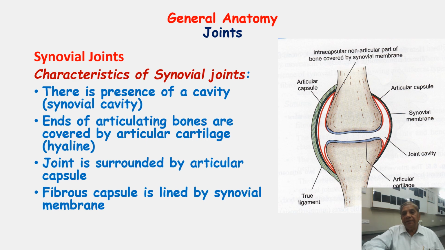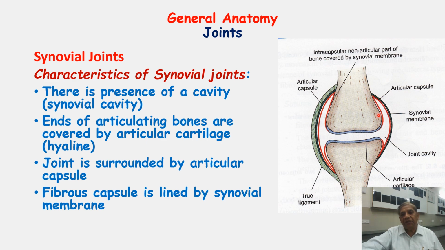In synovial joints, the characteristic is that there is a presence of a cavity that is known as the synovial cavity. That's why they are called synovial joints. In this diagram where I am moving my cursor, you can see that between the ends of the two bones which are forming the joint, there is a cavity covered by the articular capsule.